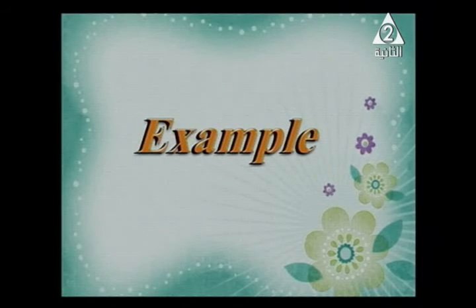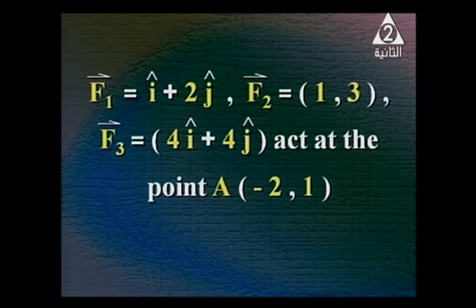Now we move to an example. Force F1 equals I plus 2J. The second force is 1, 3. The third force is 4I plus 4J. Remember, we have three forces, F1, F2, F3, acting at a point A, negative 2, 1.